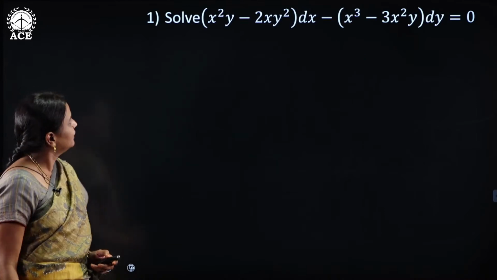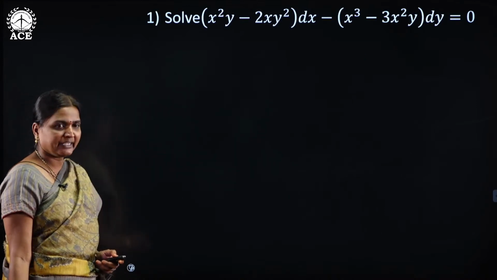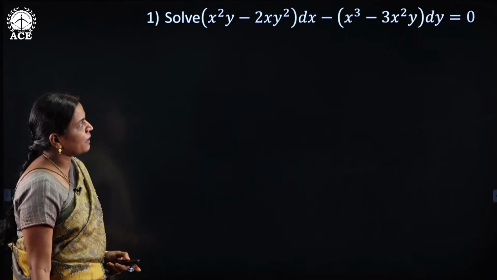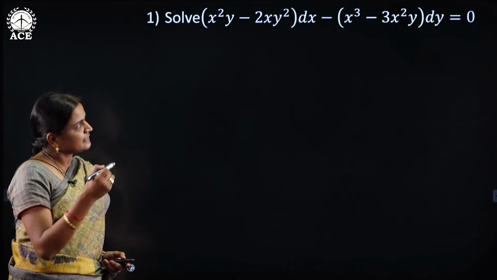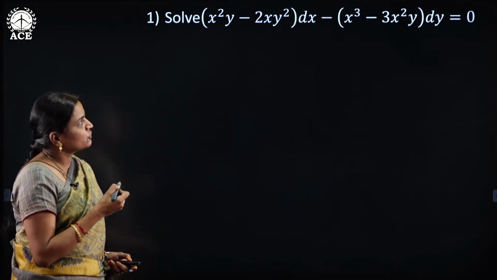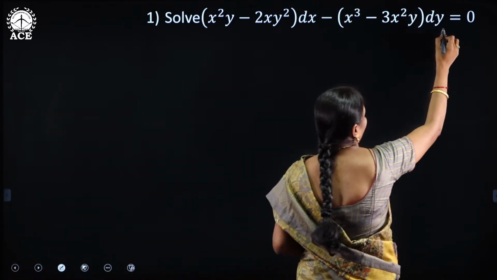Yes, first question. Solve (x square y minus 2x y square) dx minus (x cube minus 3x square y) dy equal to 0. So, this is the pattern of the question. First check whether it is an exact or non-exact differential equation.